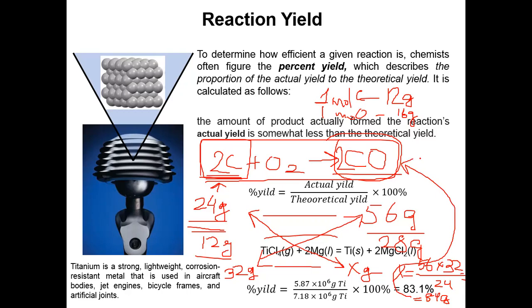Now imagine we made a reaction, but we found that we could make only 78 grams. That's the actual amount of carbon monoxide we produced, 78 grams. Can you tell me now how to find out the percent yield of this production of carbon monoxide?